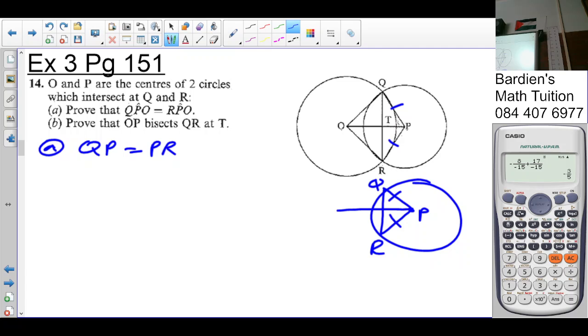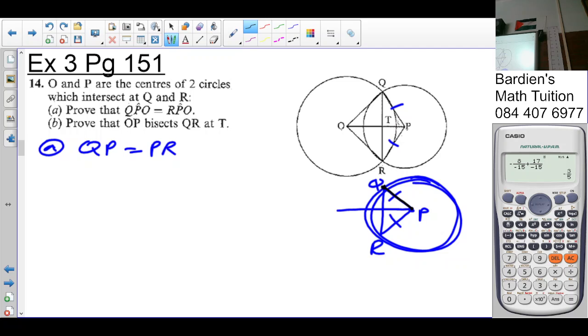What shape is that? That's not a triangle. It's a circle. So in a circle, from center to circumference is called your radius.